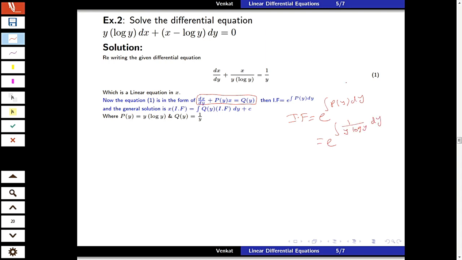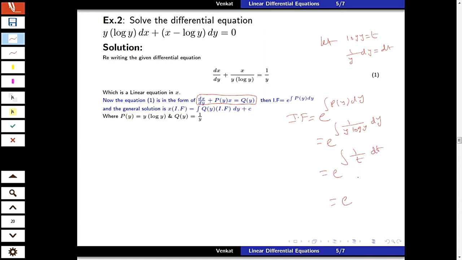There are two terms, let log y be t, then we get dy by y as dt, so for integration, 1 by y log y dy becomes 1 by t dt.